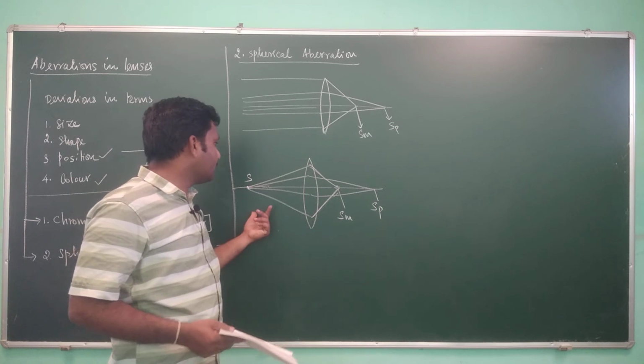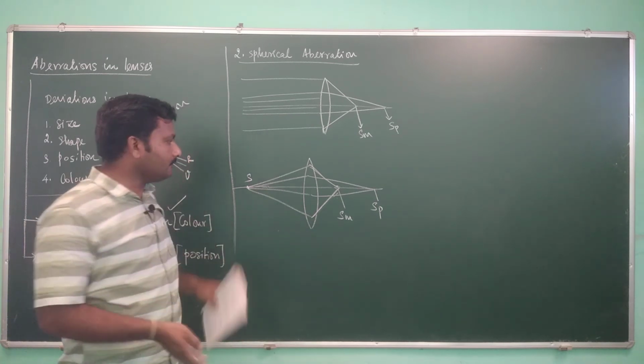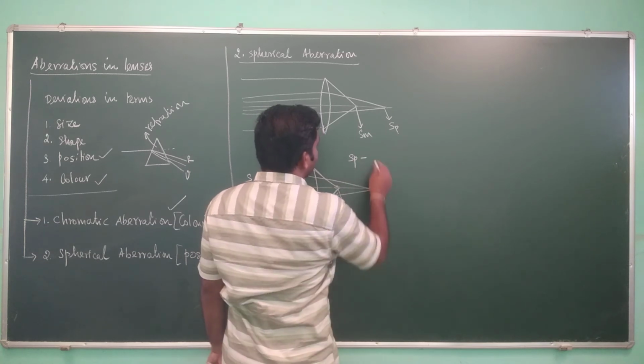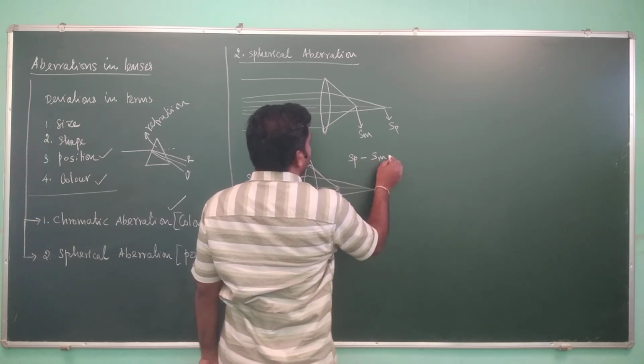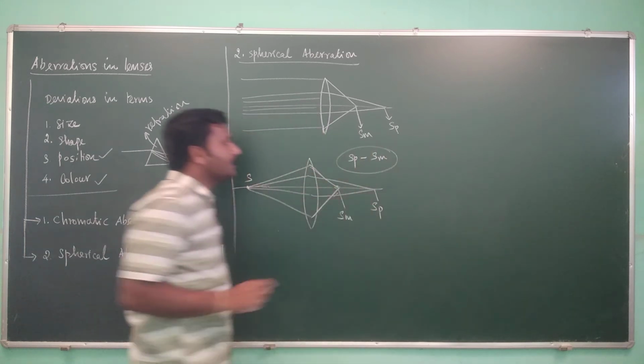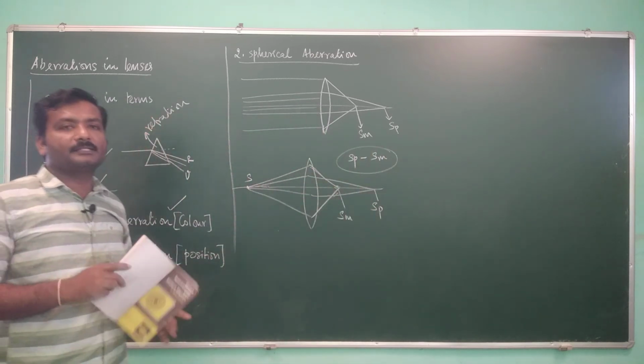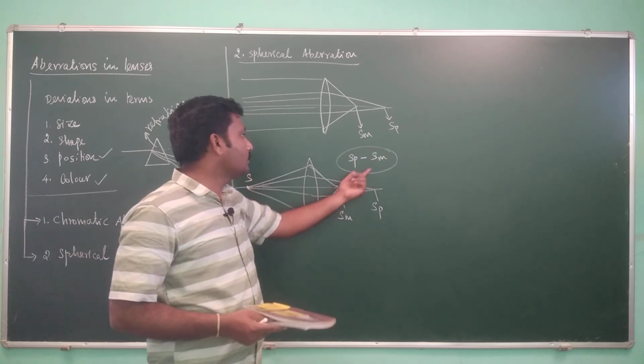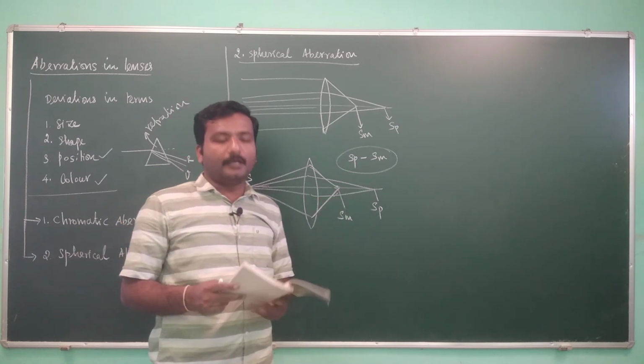The same for the point sources. Now the difference between the image of the paraxial ray and the image of the marginal ray tells you the extent of spherical aberration. How much spherical aberration is present in a lens system can be explained with the difference between the focal points.